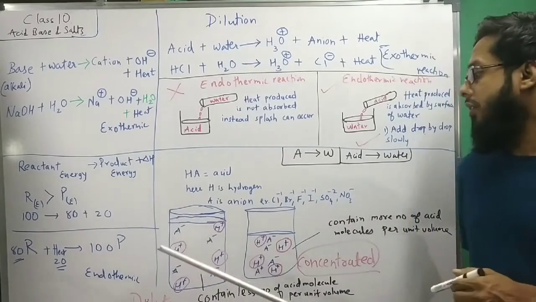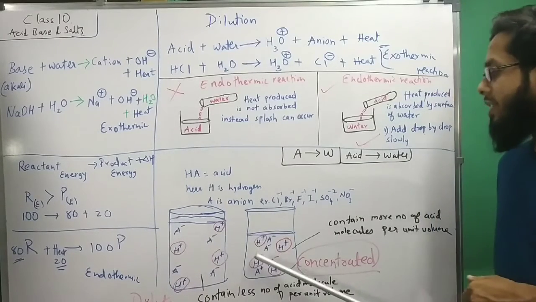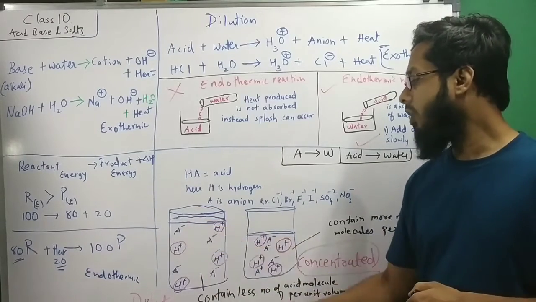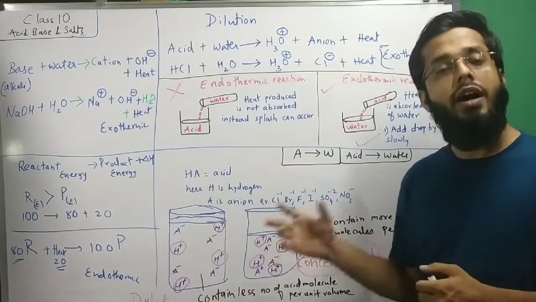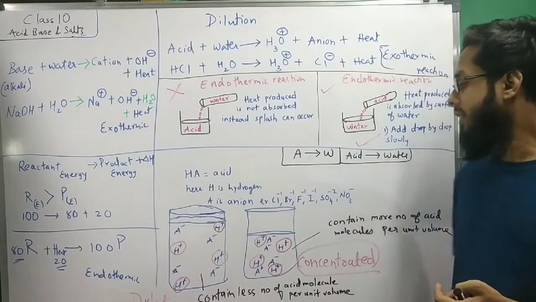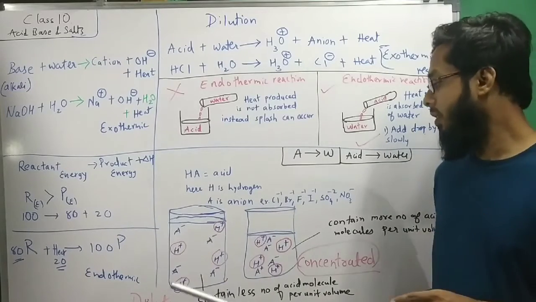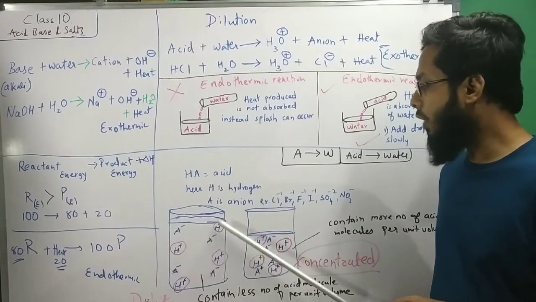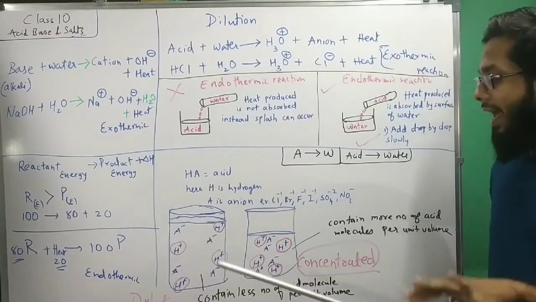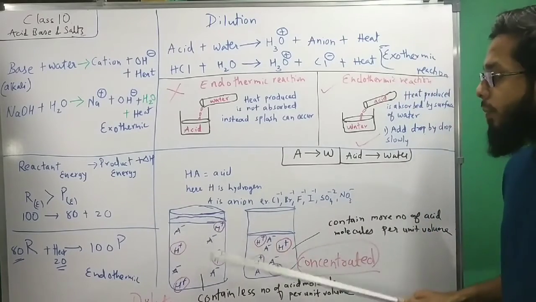Now let's talk about dilution. What happens? For example, this was concentrated acid, and when we add water, the acid remains the same. What we are adding is the water. So for example, you can see 4 H plus here, and the same 4 H plus here, but the volume is increased. The acid does not increase or decrease, but the volume is increased.